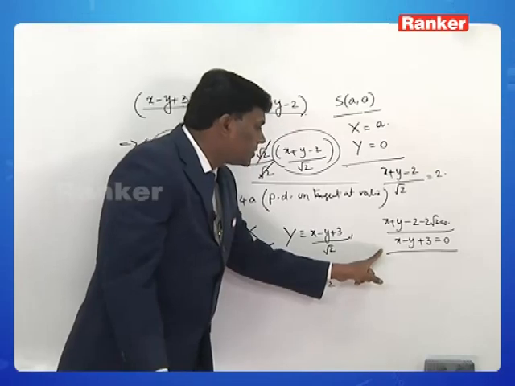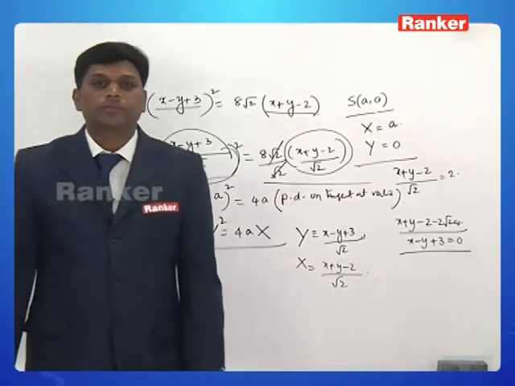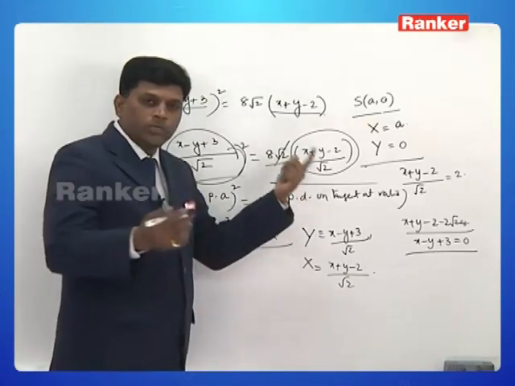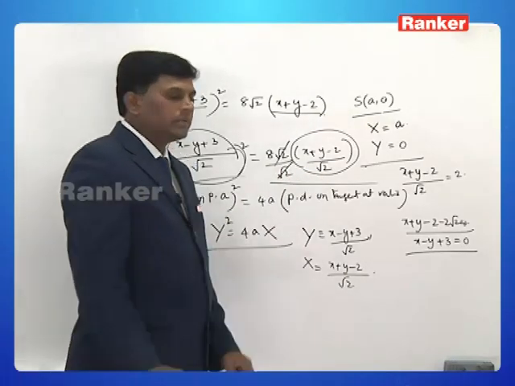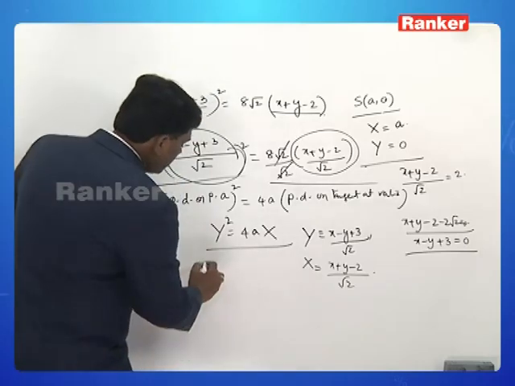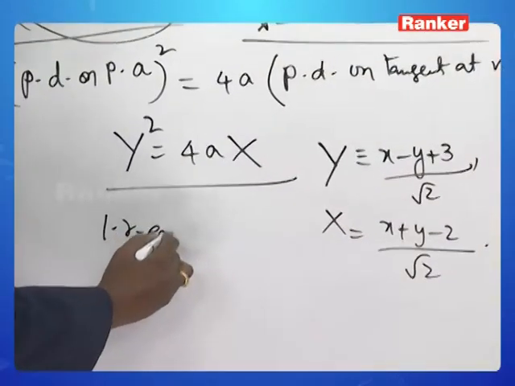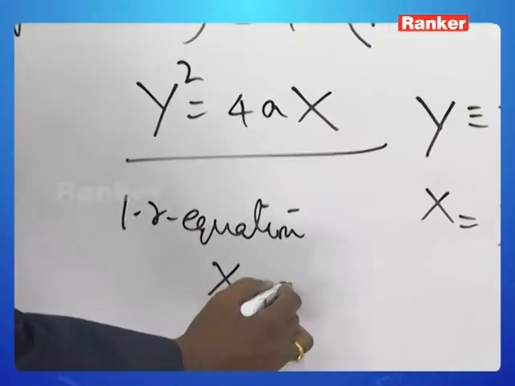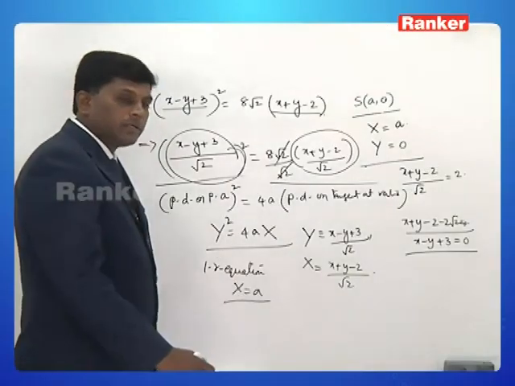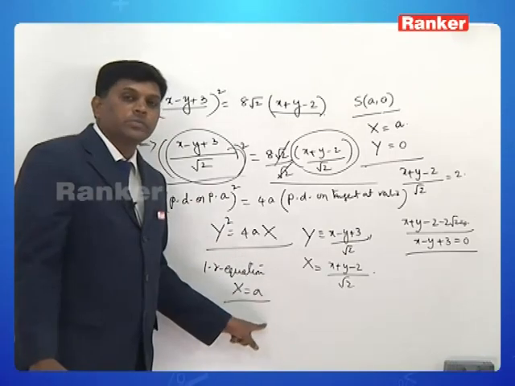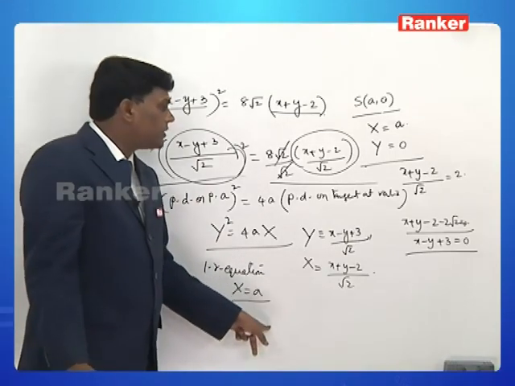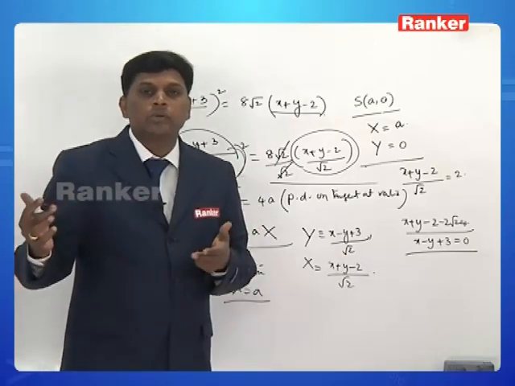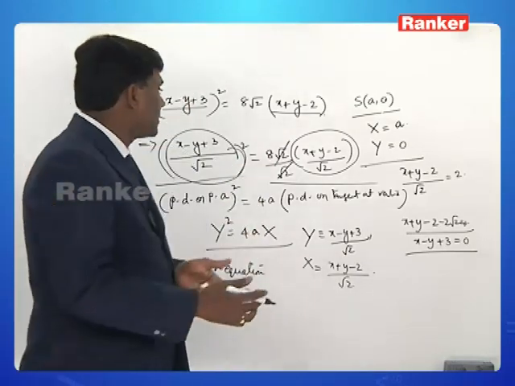Solving these two equations, you are getting the focus. So this is the way of getting the focus, and not only the focus, any other thing required. For example, if you require the latus rectum equation, we know that x equals a. Now this is written as capital X equals a. This is the way of writing any property for this second degree non-homogeneous general parabola here.